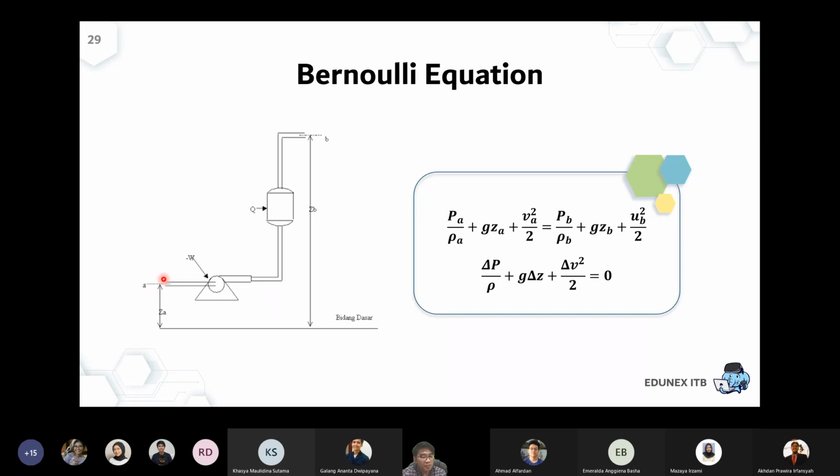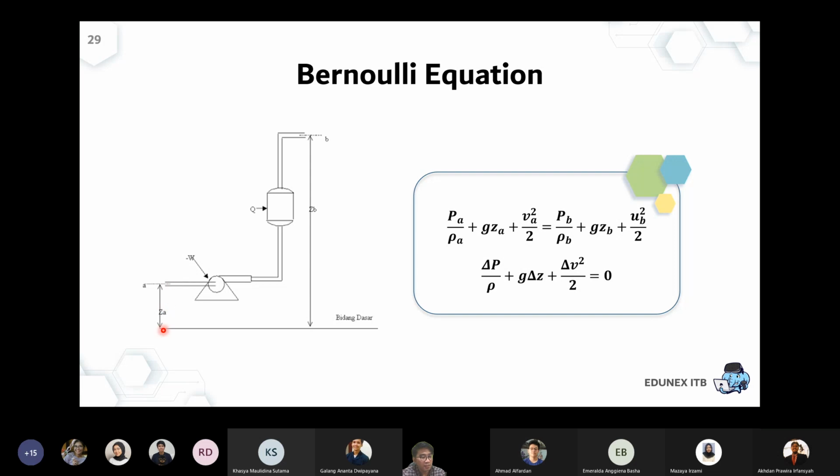So basically, in this figure, you can see the fluid is flowing from point A and then goes up to point B. So point A has a different height from point B. The height of point A you can calculate as ZA.